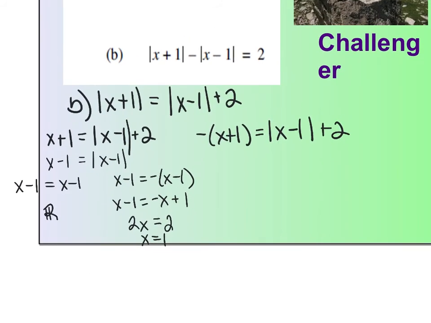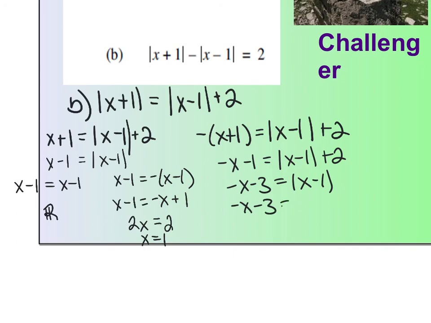And then I have to work on this side, so I've got negative x minus 1 equals the absolute value of x minus 1 plus 2. If I subtract the 2, I get negative x minus 3 equals the absolute value of x minus 1. And then I'm going to set up two sides, the positive side and the negative side.